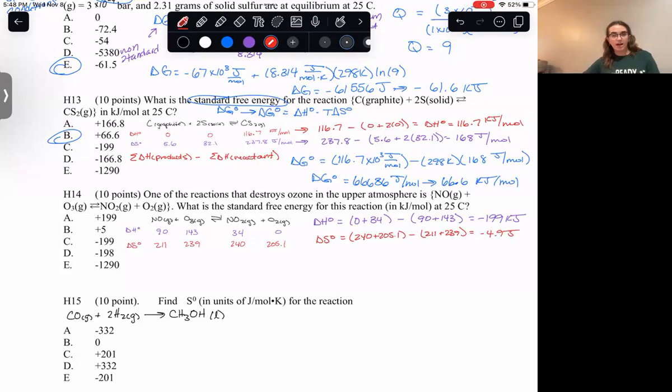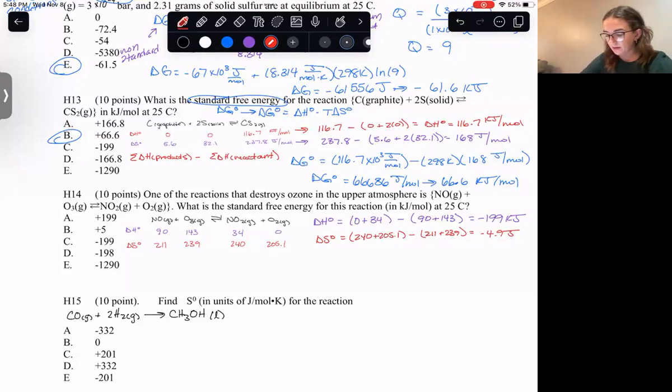So in contrast to the question we just did in question 13, where we had a positive delta H and a positive delta S, in this case we have a negative delta H and a negative delta S. When delta H is negative, that's exothermic. The world prefers exothermic reactions, so that's a favorable reaction in terms of heat.